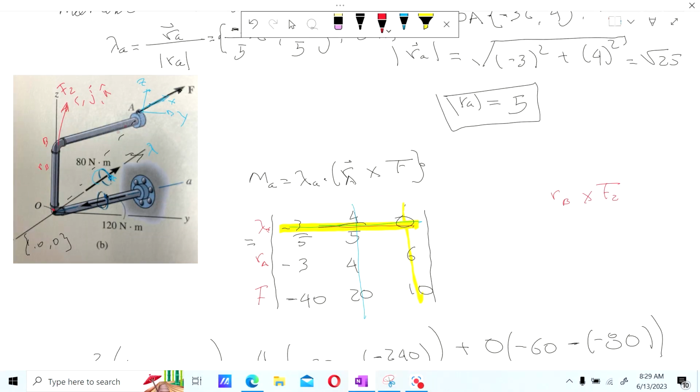All right, that's the moment around O. That is moment around the point O. If you want, and this is going to be a vector, if you want the moment around an axis, it's going to be a number. And that is going to be the moment around, say, axis A is going to be the unit vector of the axis, which we know how to do, times RB cross force.